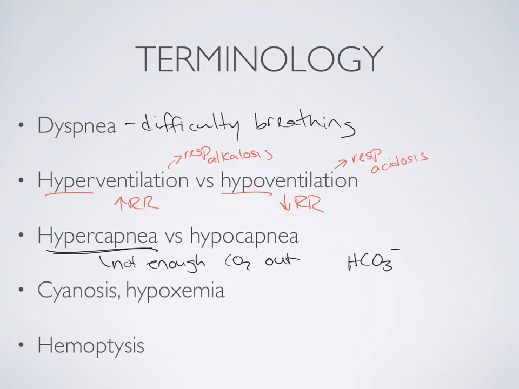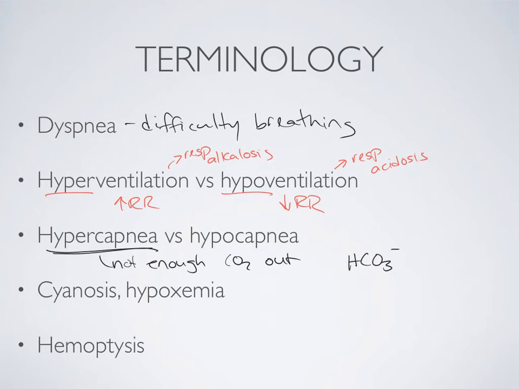But again, this idea of hyper and hypoventilation, it's a change in respiratory rate relative to what you need for normal gas exchange. So you can't define it by a respiratory rate above 100 because it really depends on what's the underlying physiology in that person.